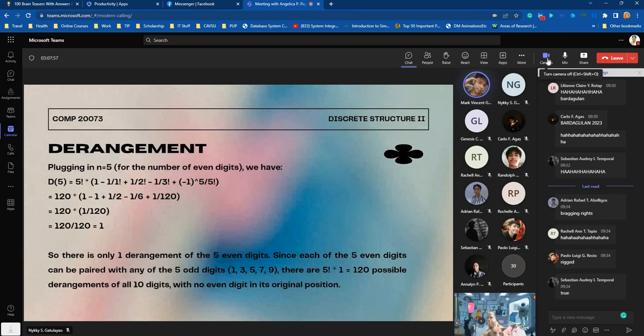So 120 times 1 over 120 equals 120 over 120 equals 1.